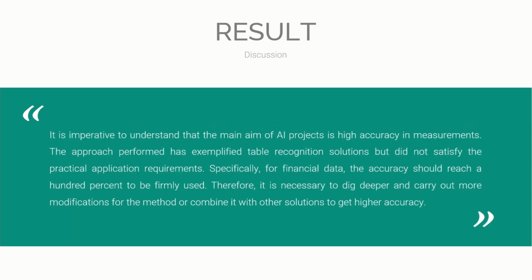It is imperative to understand that the main aim of an AI project is high accuracy in measurement. The approach performed has simplified table recognition solutions, but did not satisfy practical application requirements. Specifically for financial data, the accuracy should reach 100% to be firmly used. Therefore, it is necessary to dig deeper and carry out more modification of the method or combine it with other solutions to get higher accuracy.